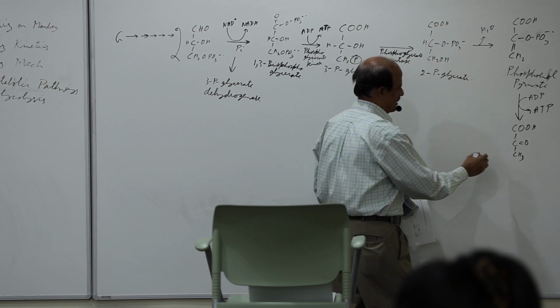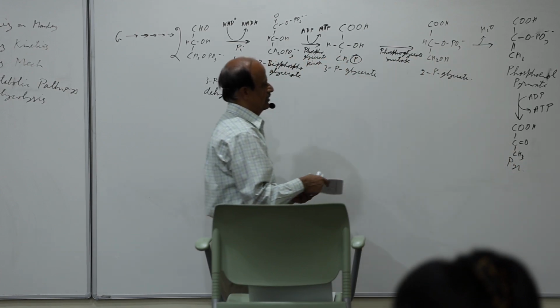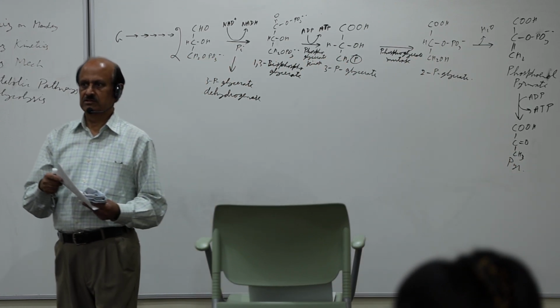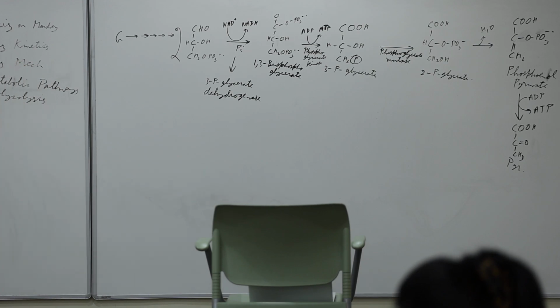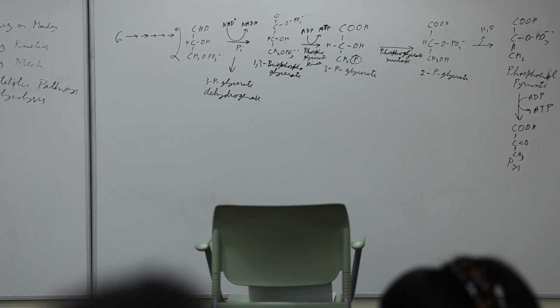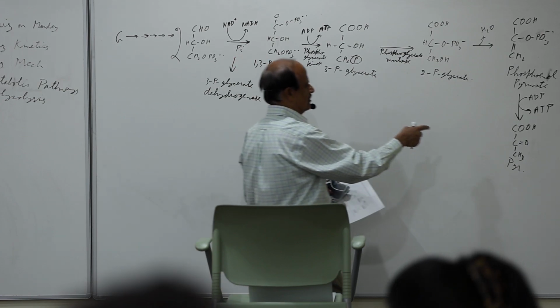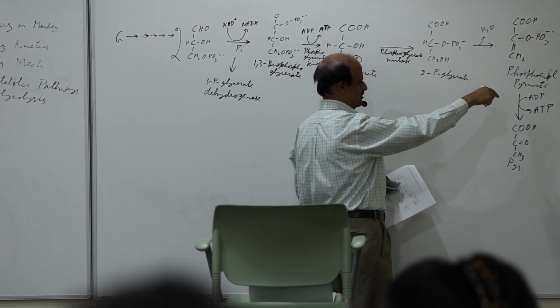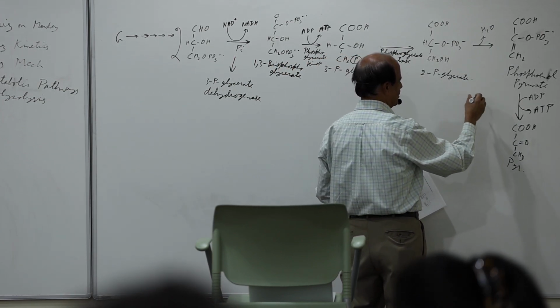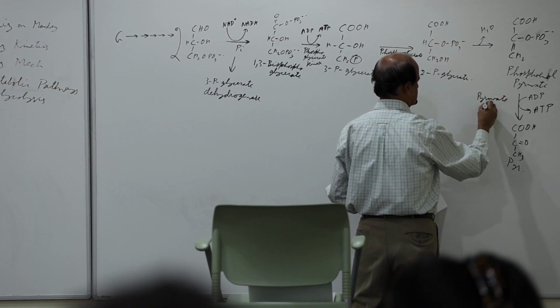So this is pyruvate from phosphoenolpyruvate. When that phosphate comes off, it becomes the enol, which is unstable, so it immediately converts to the ketone and gives you pyruvate. And in the process, you are making an ATP, and the enzyme, of course, is a kinase, because you are making ATP and the product is pyruvate, so the name is pyruvate kinase.